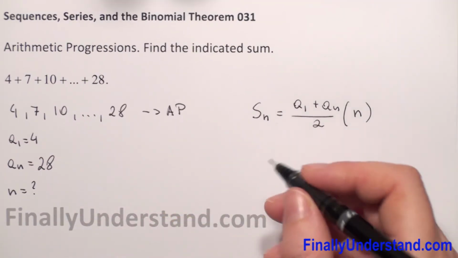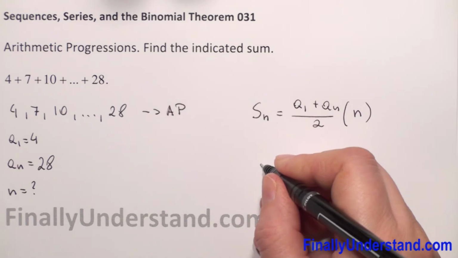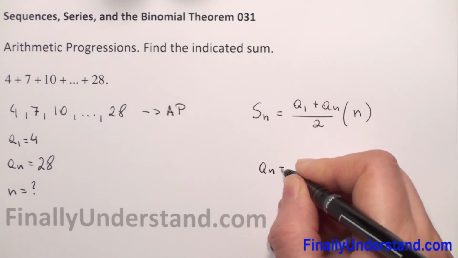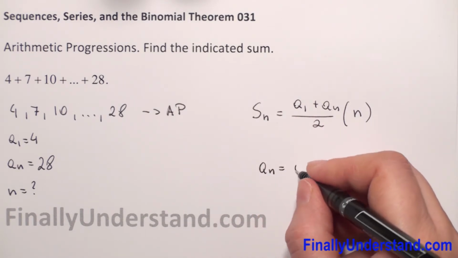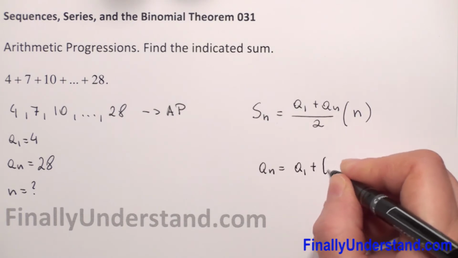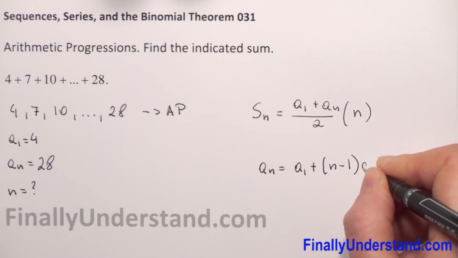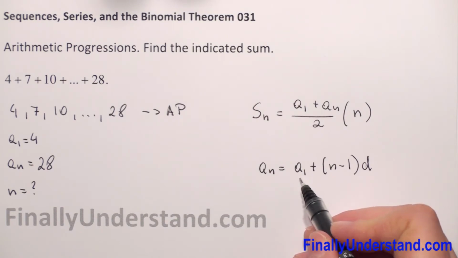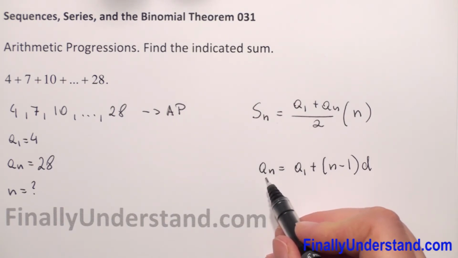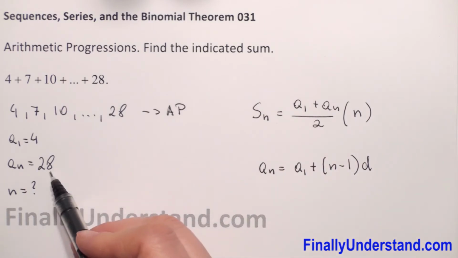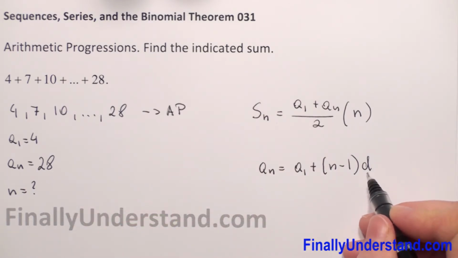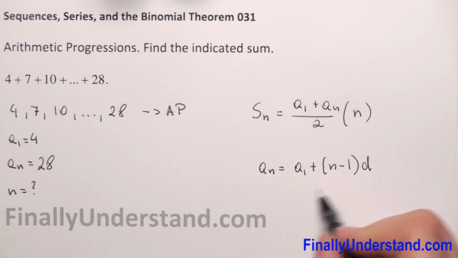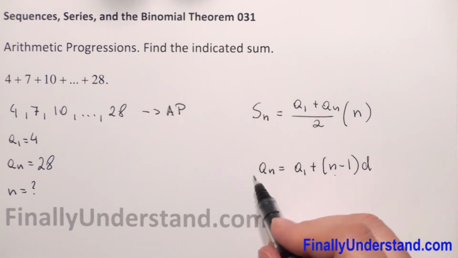We will use the formula for the nth term of an arithmetic progression: a1 plus n minus 1 times d. We have a1 and we have an, which is 28. We can calculate d, so only n will be unknown in this equation.